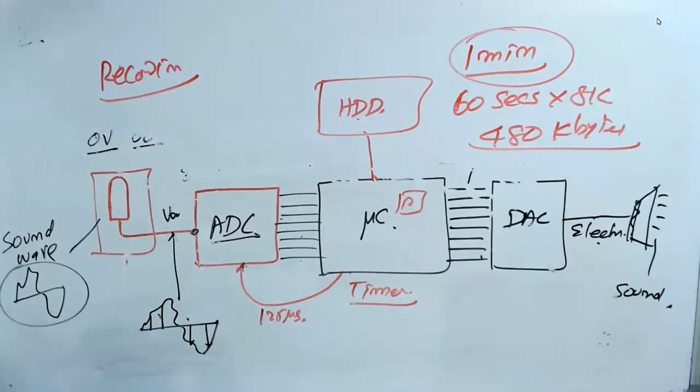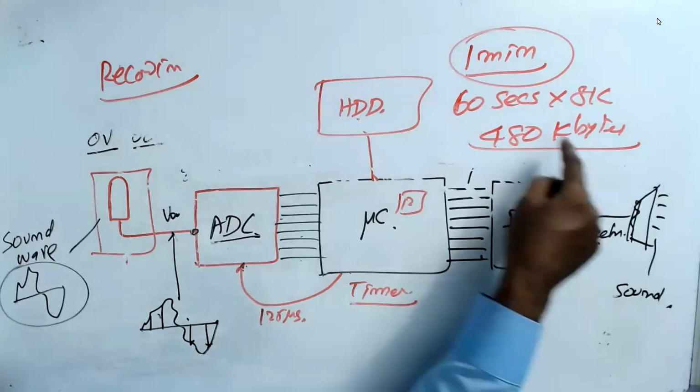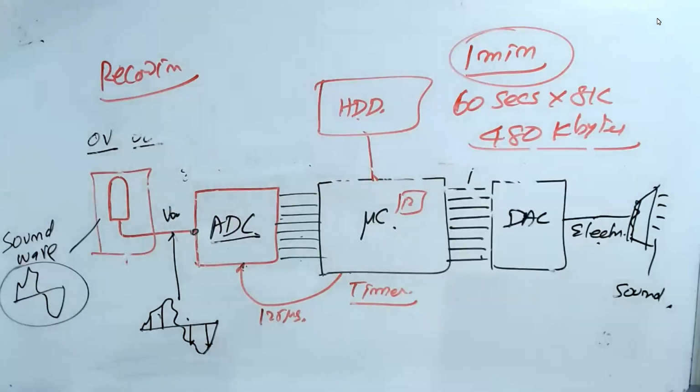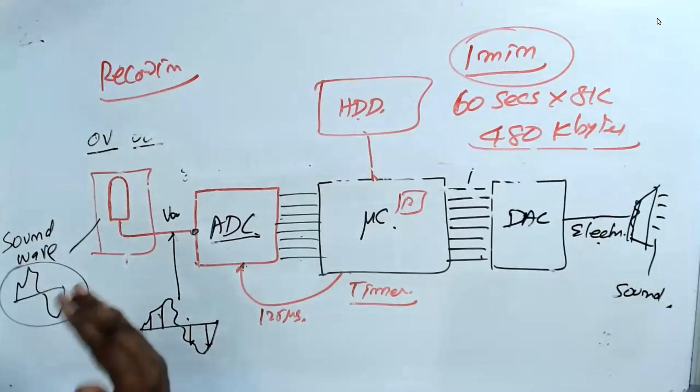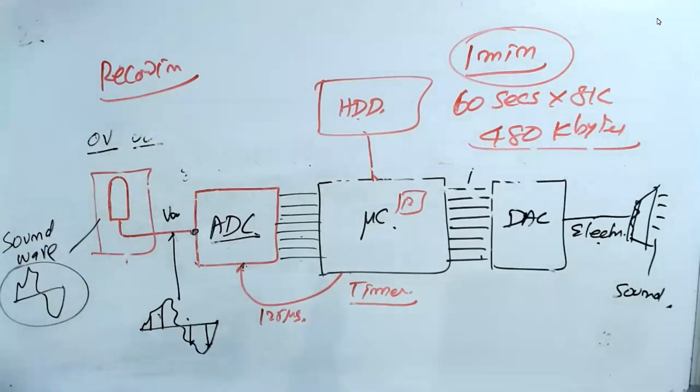For 1 minute, you have to save about 480 kilobytes. Do you understand how big a number this is? I'm talking only about audio. When you come to video, we'll discuss later. At that time you'll be very surprised. I work fully on these audios and videos.